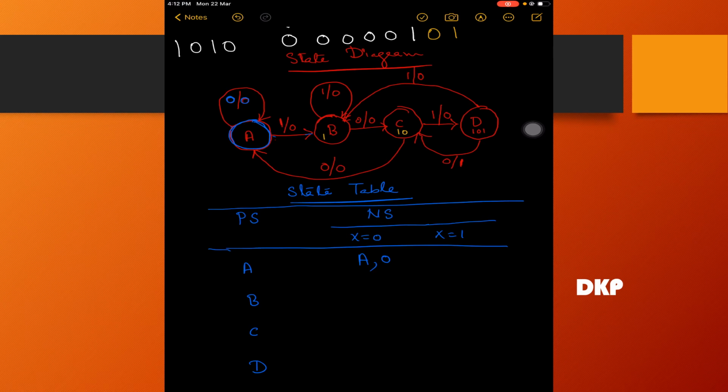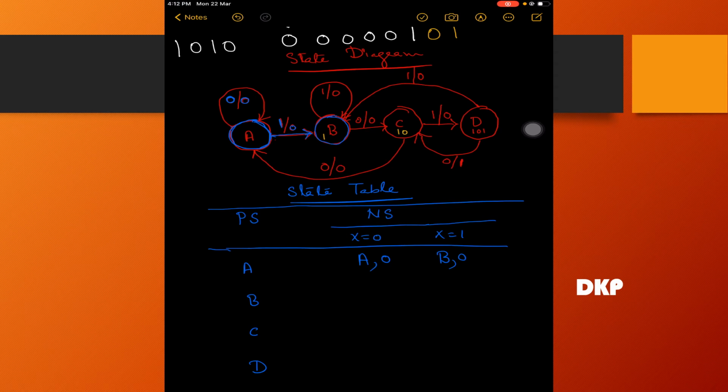Now under this x equal to 1, you have to check at state A, when this state received the input 1, what was the output? 0 was the output, and the machine had moved to state B. Therefore, you have to write that here, state B with the output 0.